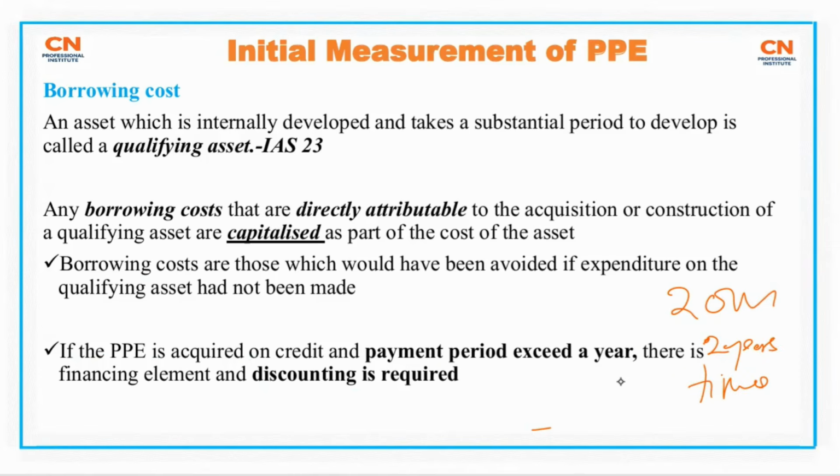If you add the whole 20 million to PPE as the cost, then you are wrong. Because whenever we are looking at a duration of a year or more, there's a financing element, and therefore we have to discount the figure to present value.